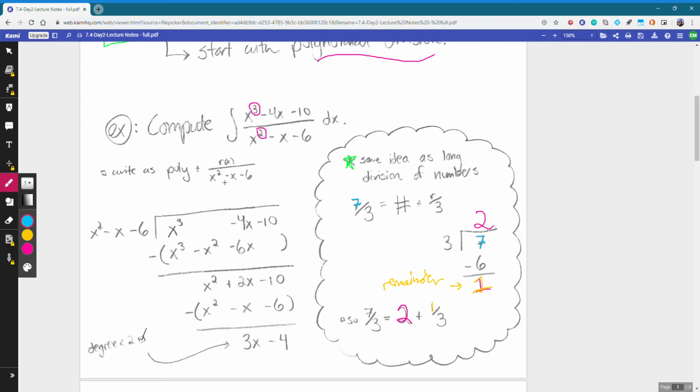Okay, so to set this up, just like before, we're going to take our polynomial up top, x cubed minus 4x minus 10, and put that inside the house. And here, notice I've left a little bit of space. This is a nice thing to do to give a little spot for the degree 3, the degree 2, the degree 1, and the degree 0, the constant part of our polynomial. Just helps things line up nicely.